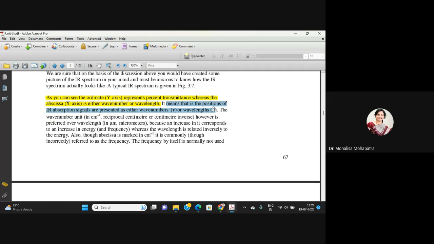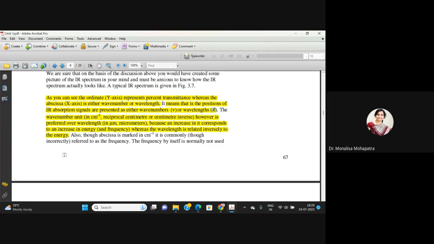But the wave number unit is preferred over the wavelength because an increase in it corresponds to an increase in the energy, whereas the wavelength is related inversely to the energy.